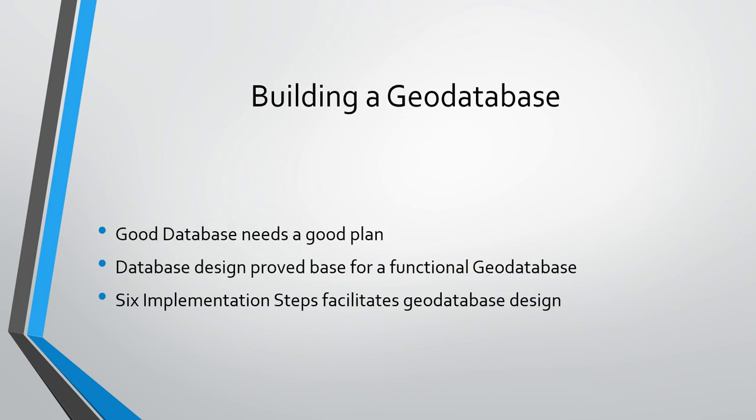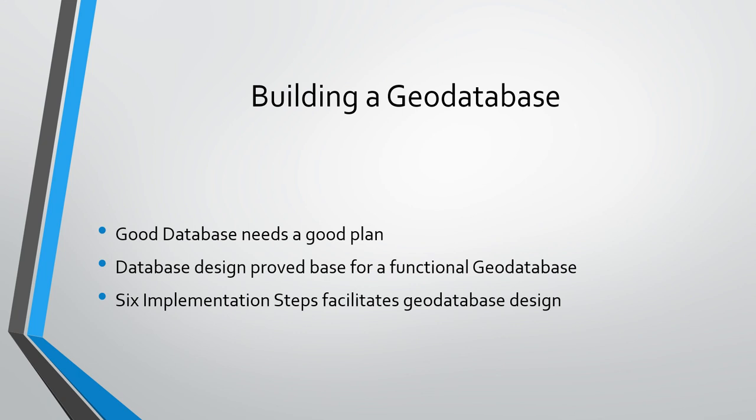So when you're building a geodatabase, it's great to have a good plan. And I think a good database design really does provide a great base for a functional database. You don't want a whole bunch of random data together and no design on exactly how they go together, what they're doing, what's their relationship, and why is all this together.